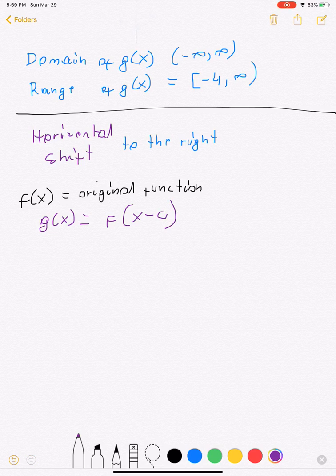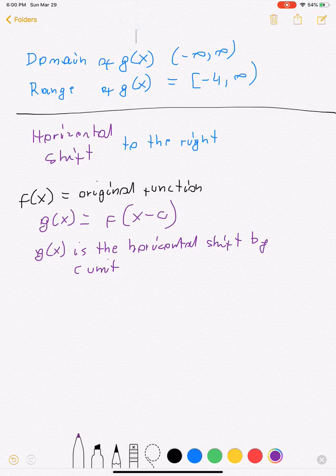So what we're going to say is that g of x is the horizontal shift by c units to the right of f of x.